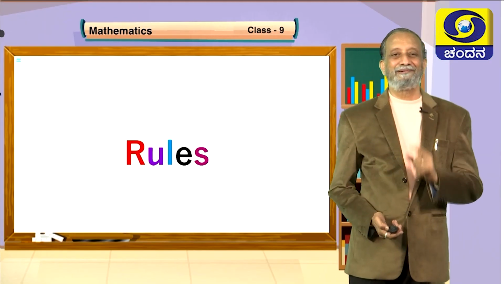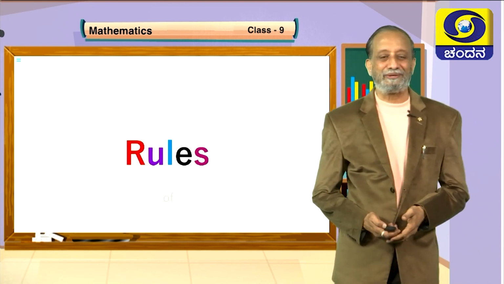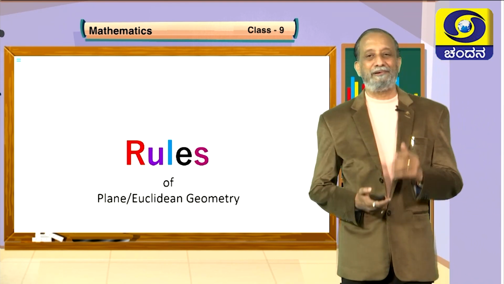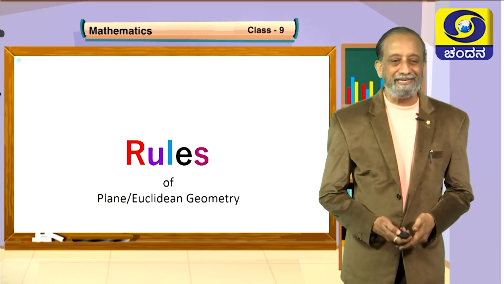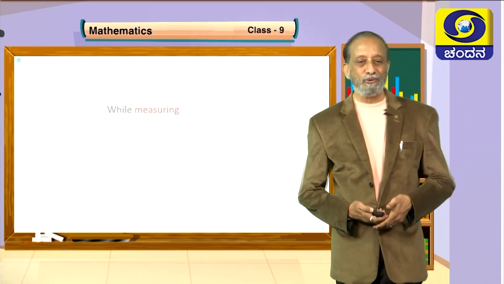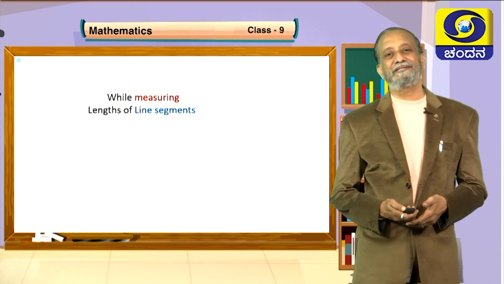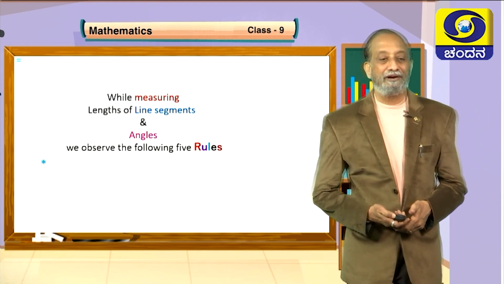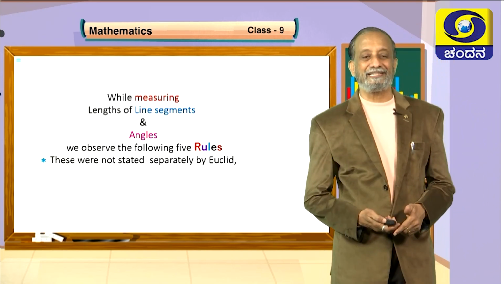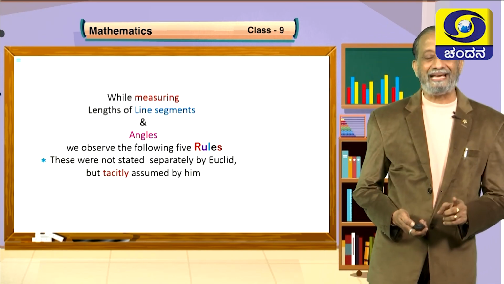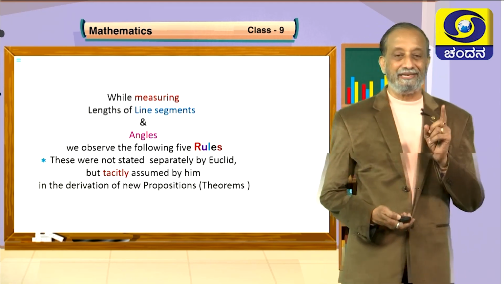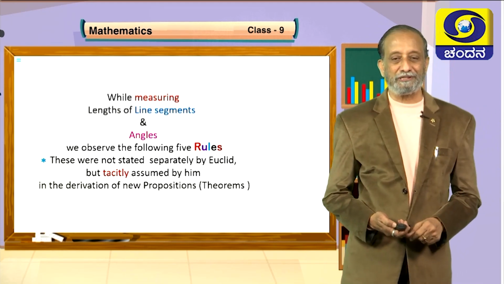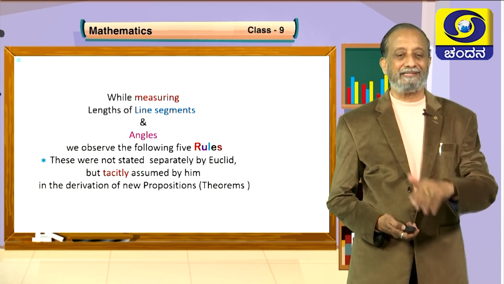curvature. Children, now shall we try to understand the rules of plane geometry or the Euclidean geometry, niyamagalu. While measuring the lengths of line segments and angles, we observe the following 5 rules. These were not stated separately by Euclid, but tacitly assumed by him in the derivation of the new propositions. Propositions are nothing but theorems.